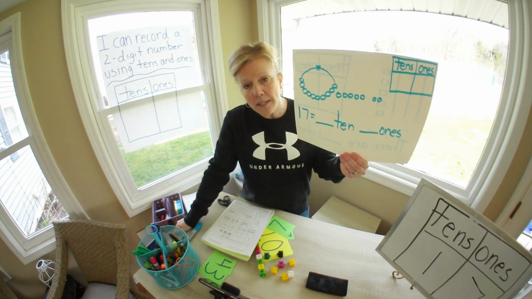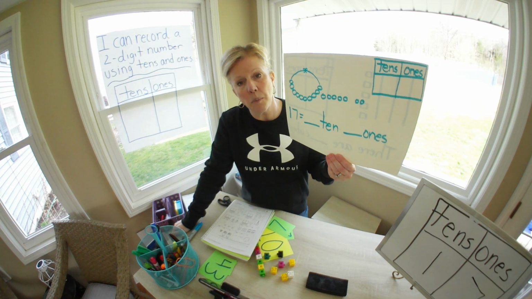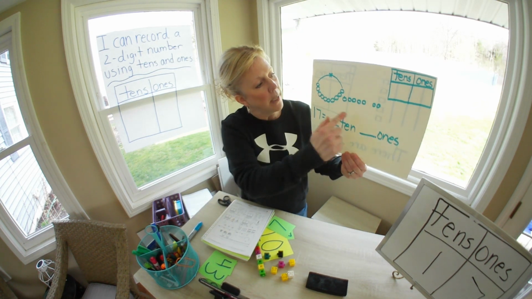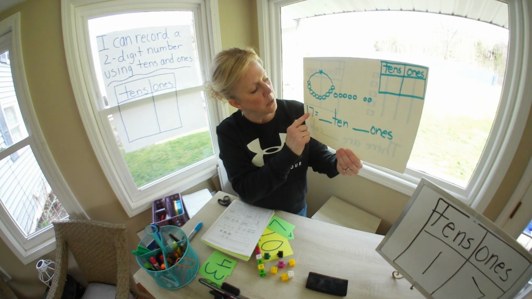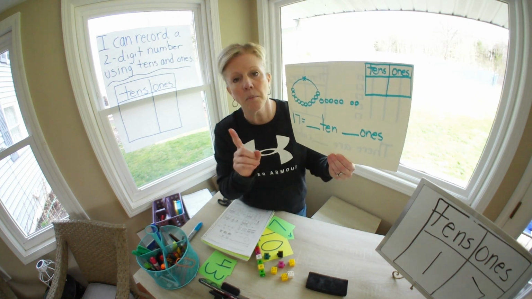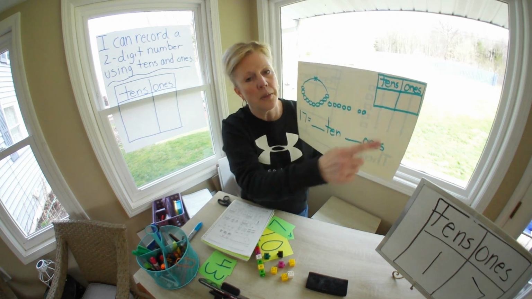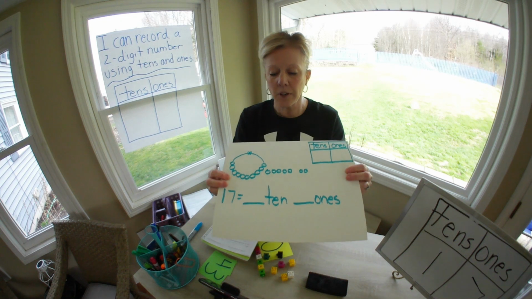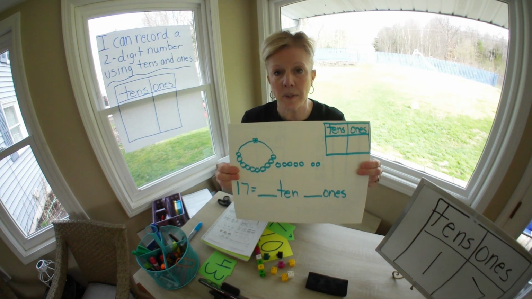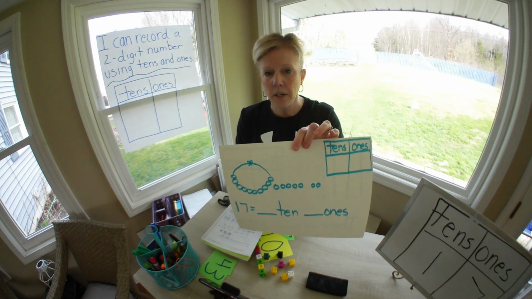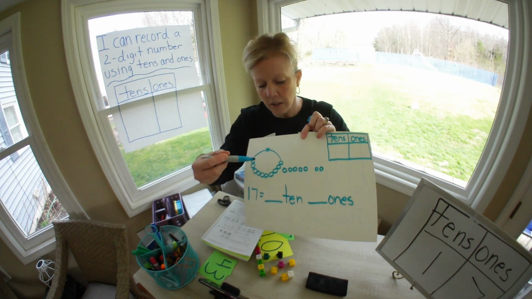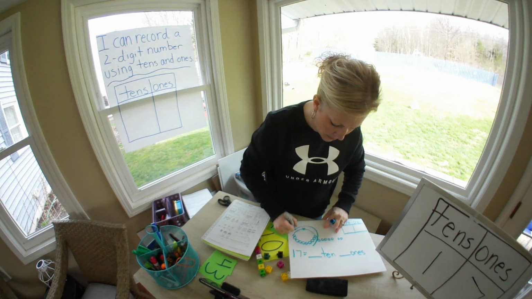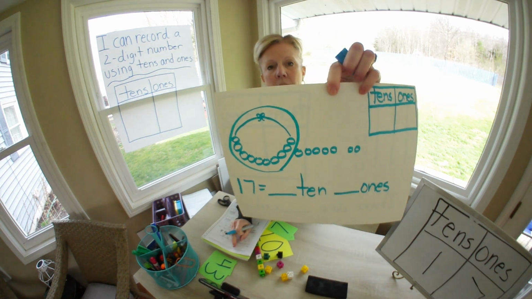So it says write the tens and ones and say the numbers and then complete the statement. So what it does is it's giving you a picture and it's giving you the statement. But what I added was the tens and ones frame. So what I want you to do is let's first still circle the groups of 10. So circle this necklace with 10 beads, because we know that that's our group of 10.